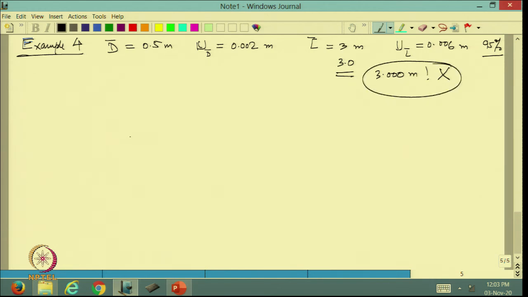So, let us start off. We have our result formula V as a function of D and L. We are assuming that uncertainty in rho is very small compared to uncertainties in D and L, and so we are neglecting it.